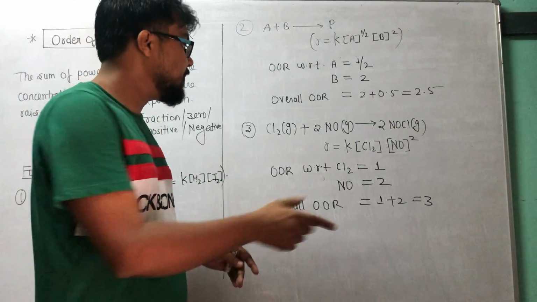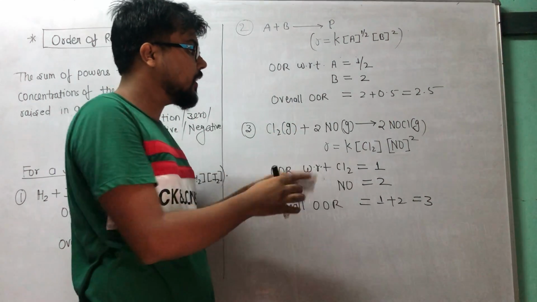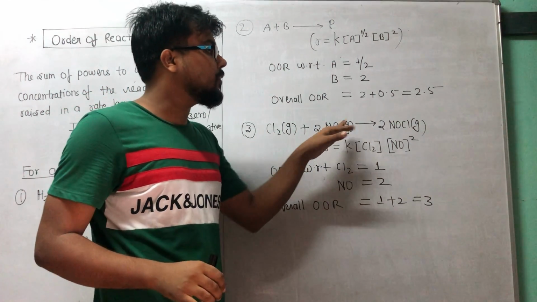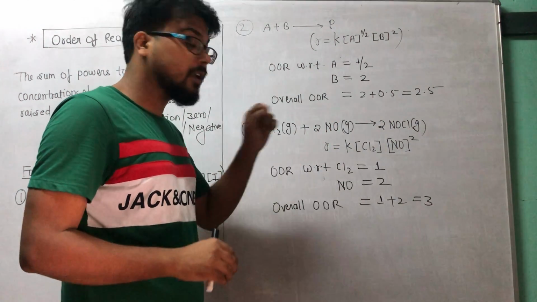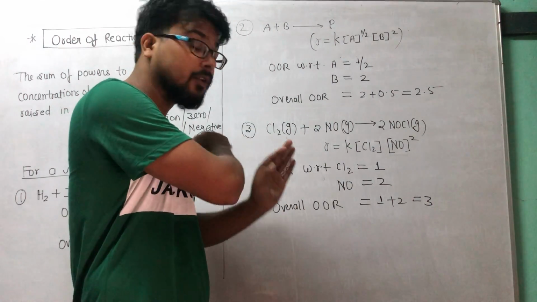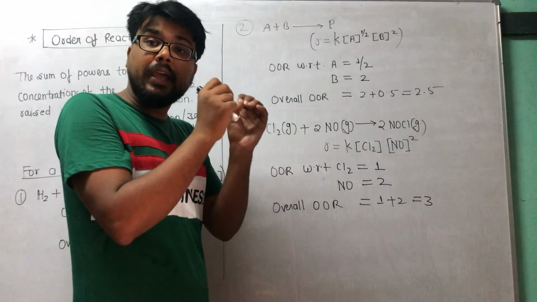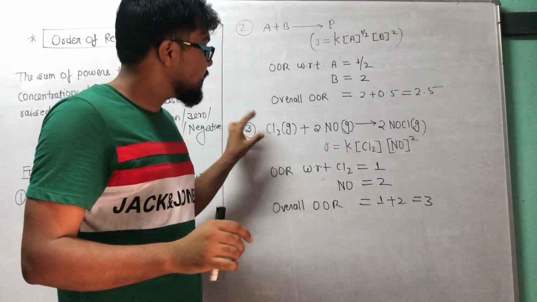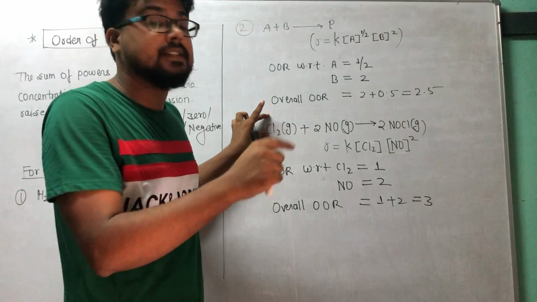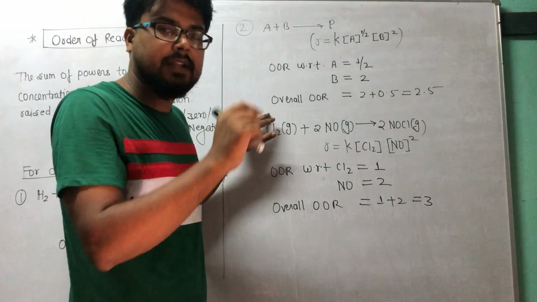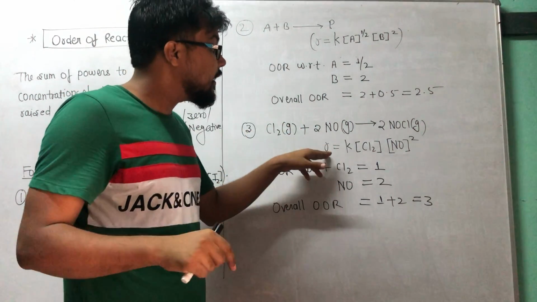See one more example. Cl2 gas reacts with NO gas, producing 2NOCl gas. Check the rate law. We don't deal with the stoichiometric coefficients here, we have to deal with the rate law.